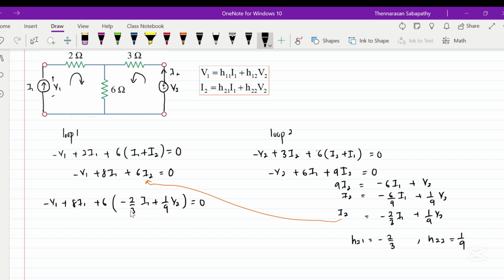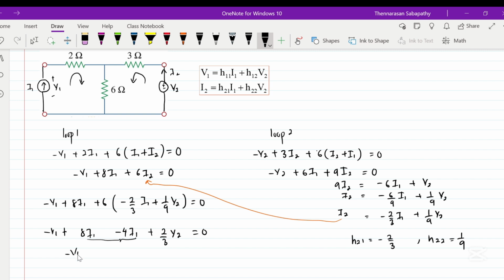For this case it would be negative 4I1, and for this it would be plus 2 over 3 V2 equals 0, and I have 8I1 here, negative V1. So these two give 4I1, right?